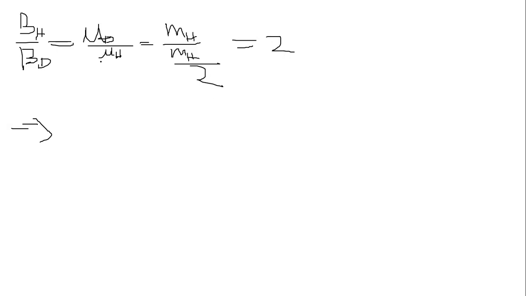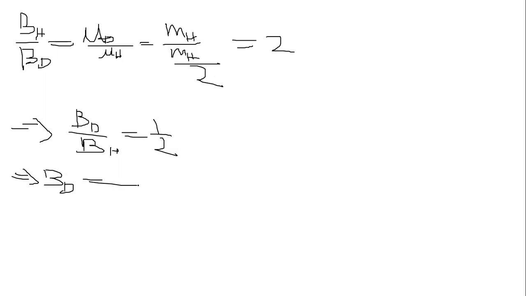So BD by BH will be 1 by 2, or BD will be BH by 2. So what is the change?